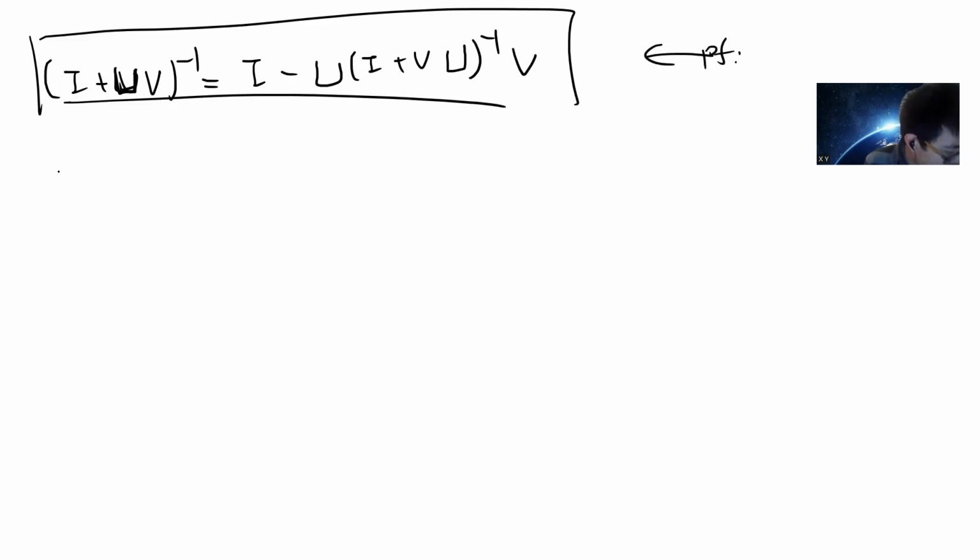These are some very simple proofs. But actually this is enough.